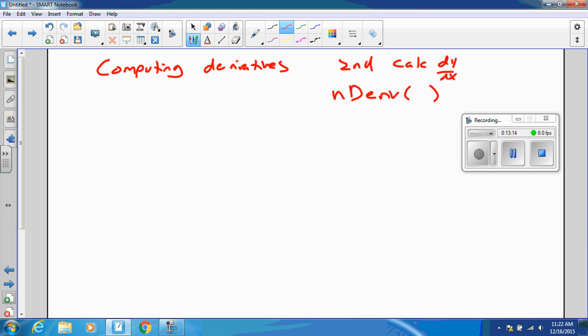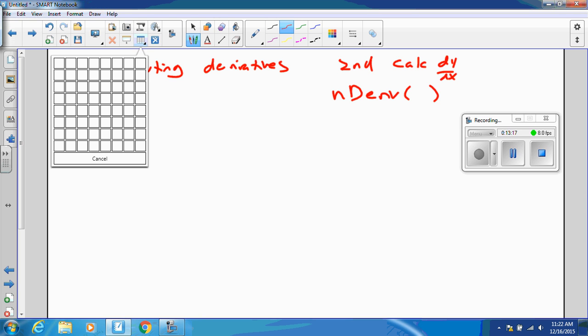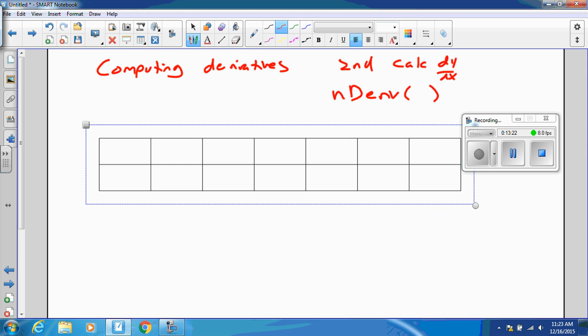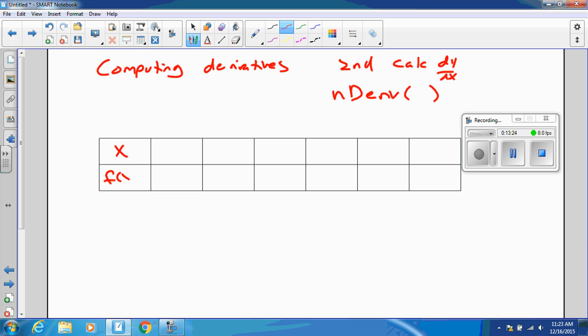How else could we compute derivatives? Well, sometimes we are given tables of data, right? So I might be given a table with some x values and some f of x values, and I might ask something like, what is f prime of 0.2? Here, I cannot use second calc dy dx because I don't have an equation to graph, and I can't use any derivative rules.